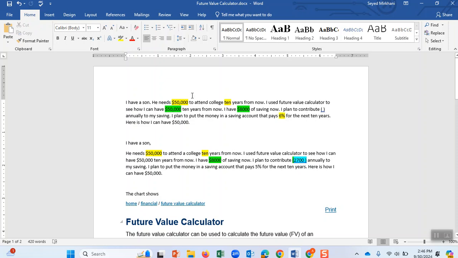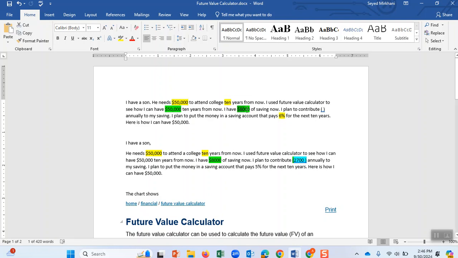That way you can bring your $8,000 and make it to $50,000. That way you can buy your house, or you can send your son, or daughter, to the college that requires $50,000 from now. And therefore I go back to my calculator and see what I can do.